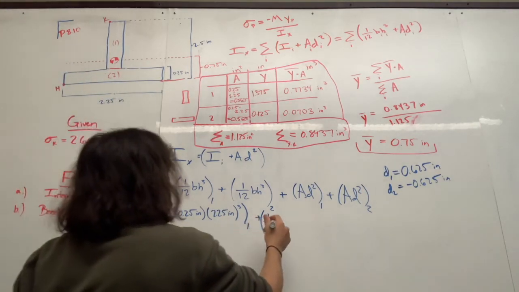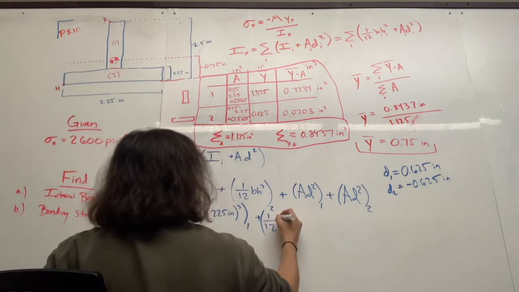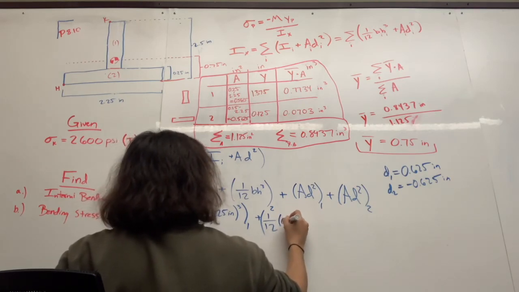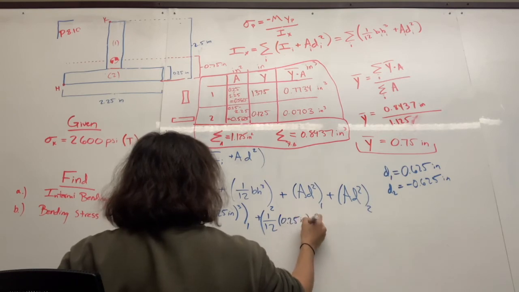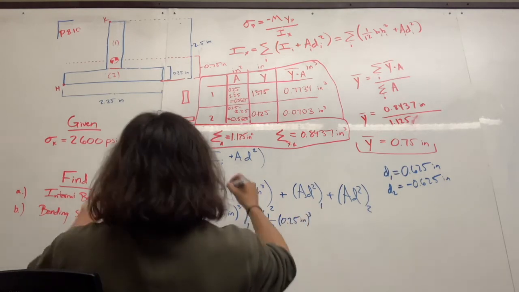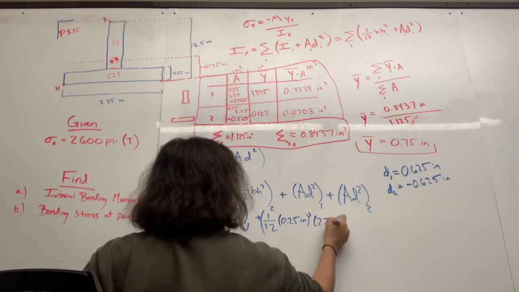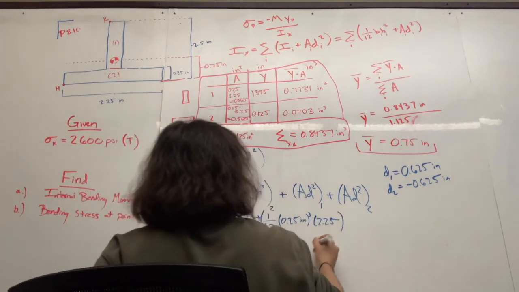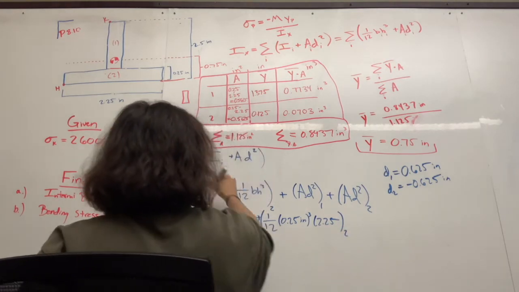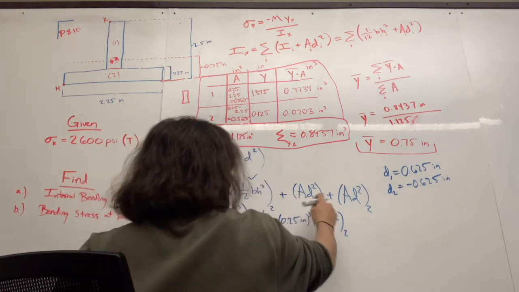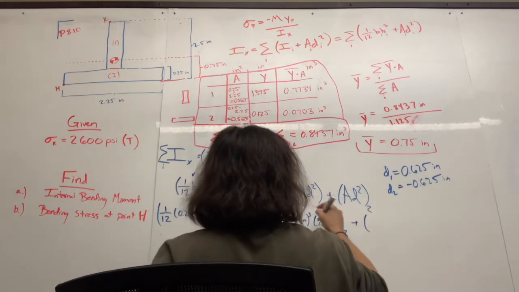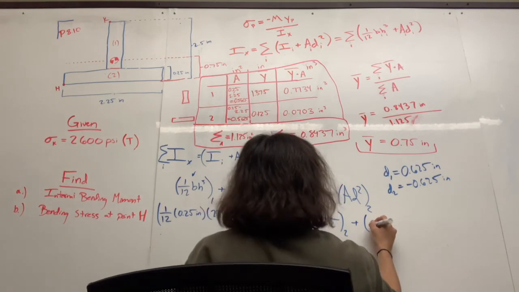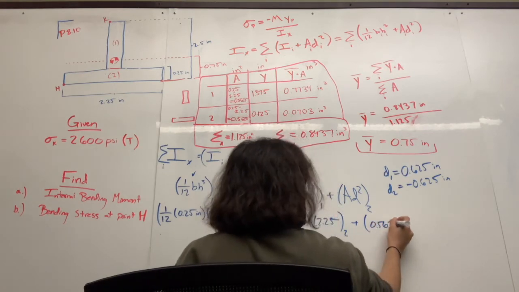So then we have 1 over 12 times 0.25 inches cubed, times 2.25, because that's the distance. Okay, so that was for rectangle 2. So we got 2 terms down. And then this term we know is for rectangle 1, we have the area 0.5625.